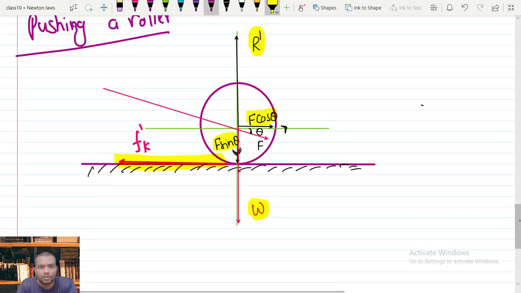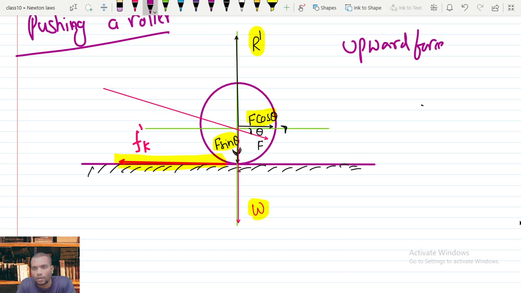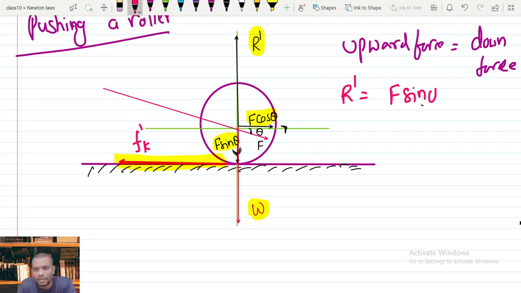Now here, the normal reaction force balances the downward forces. We know that upward force is equal to downward force. Here the upward force is R dash, the normal reaction force, which equals the downward forces. Two forces act downward: F sin theta plus weight.